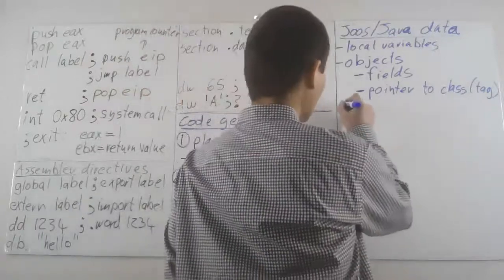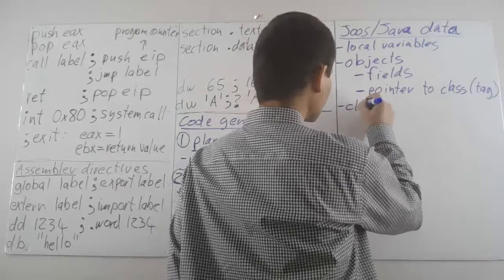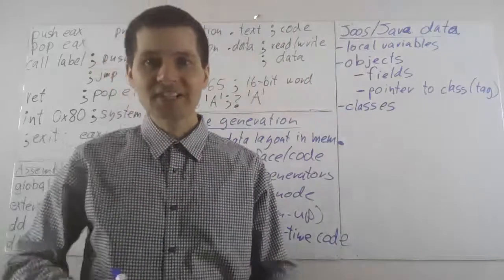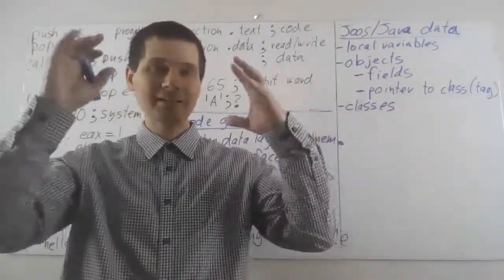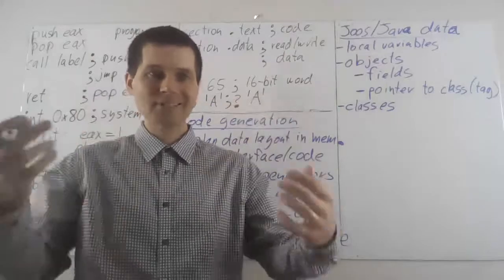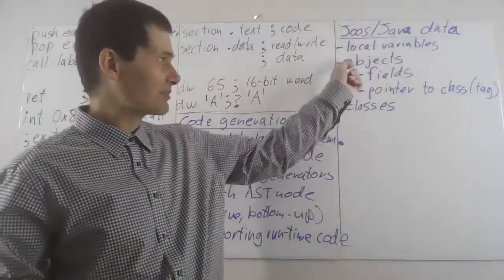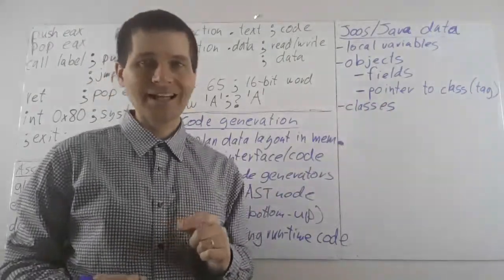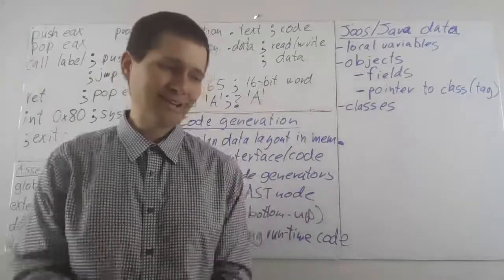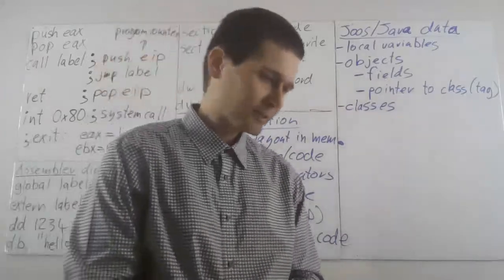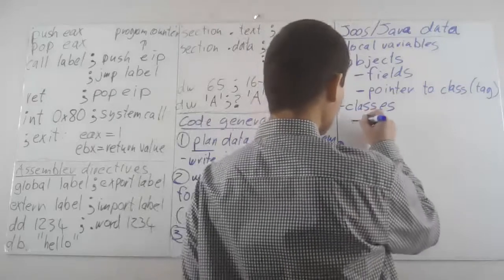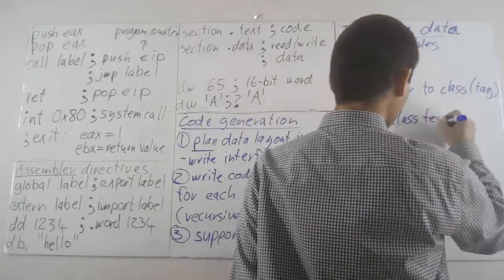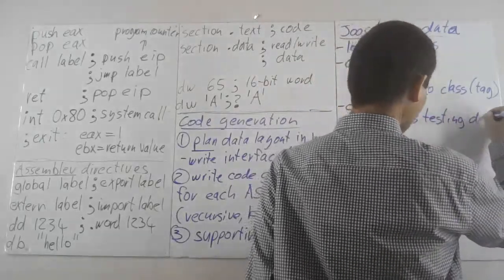And so that means that in addition to objects, I'm going to have classes, right? So for each class in the program, I need a data structure at runtime that represents that class, that all the objects of that class can point to. And I need enough data in this class to be able to do things like type tests, right? So inside a class, I'm going to have subclass testing data.